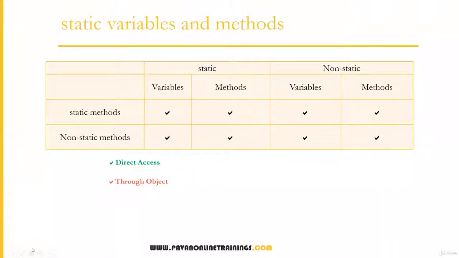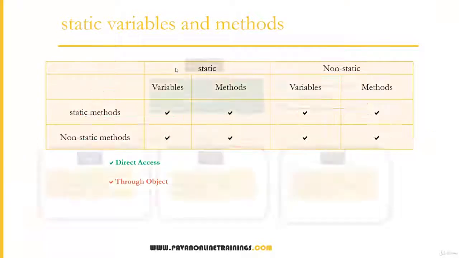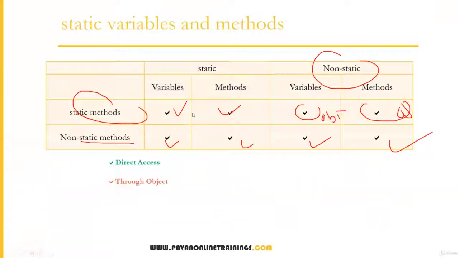Static methods can access static variables and static methods directly, and non-static variables also can be accessed, but through an object, through OBJ it is possible. But non-static methods are able to access static variables, static methods, non-static variables, and non-static methods directly. There is no restriction for them. Okay, so this is all about the static keyword.